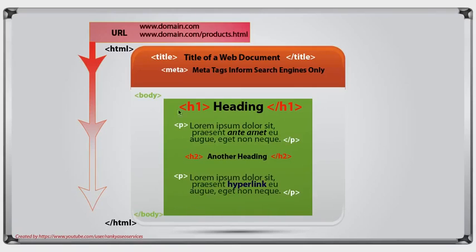So the important keywords that you will be targeting should definitely be placed within the URL, within the title, also within the meta description and heading tags. Knowing this is how Google places weight on certain elements is very important for us to understand.